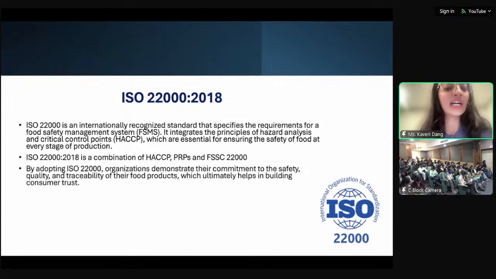This is again a food safety certification that comes under ISO 22000. And by adopting ISO 22000, organizations demonstrate their commitment to the safety, quality, and traceability of their food products, which ultimately helps in building consumer trust.